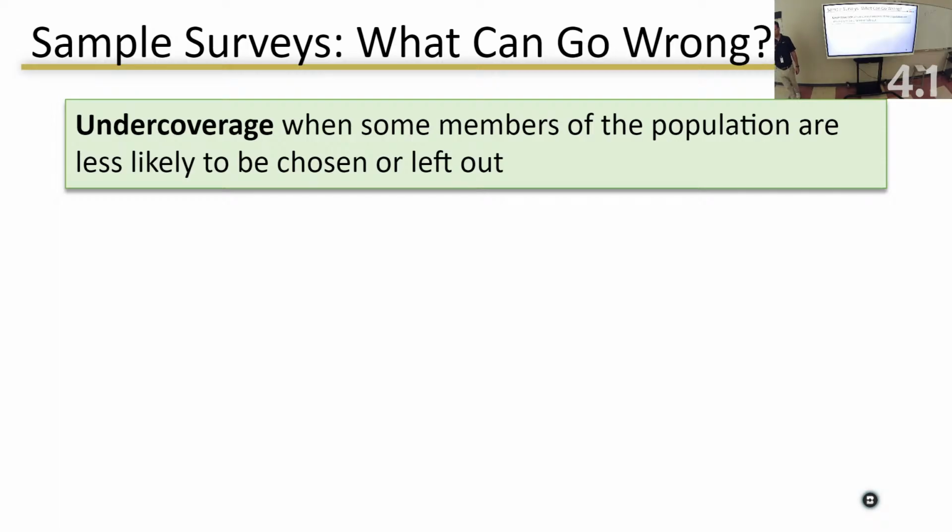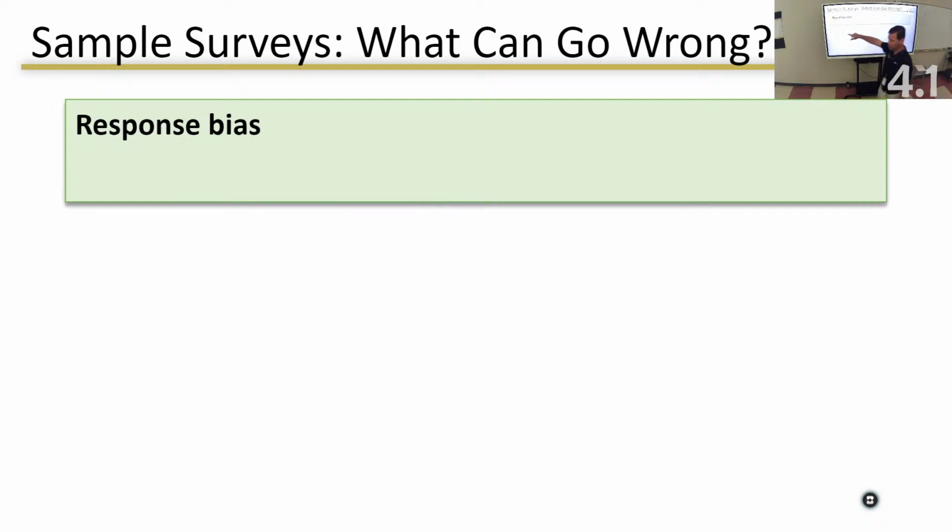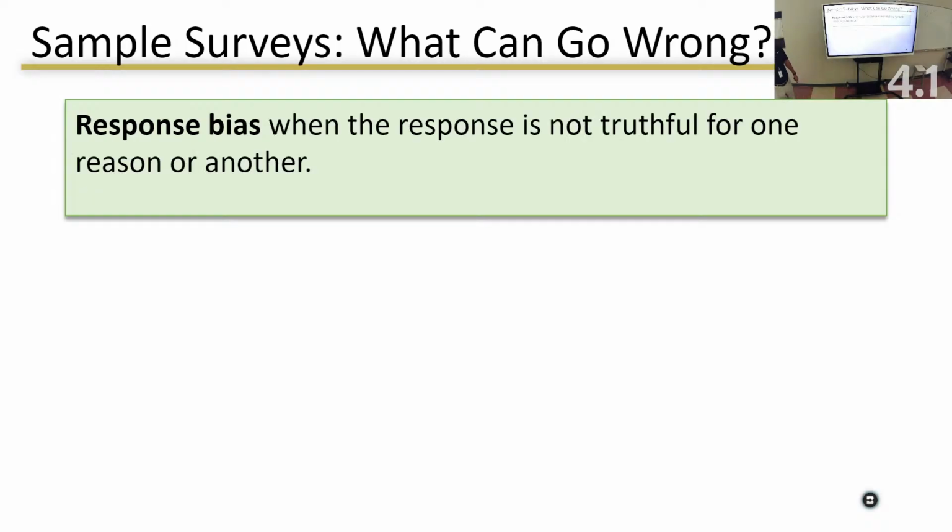I do bad about that too. Anytime I write, I try to look to see who quit writing. A lot of this you probably don't want to write exactly as it says. You want to write it the way you want to. Undercoverage. Response bias: you're answering non-truthfully. The response is not truthful.